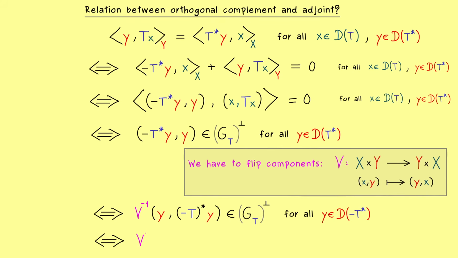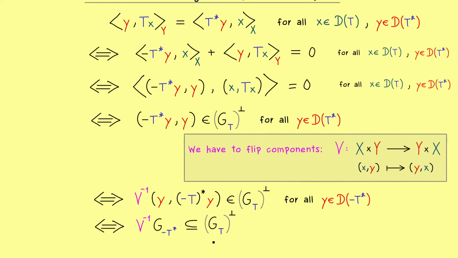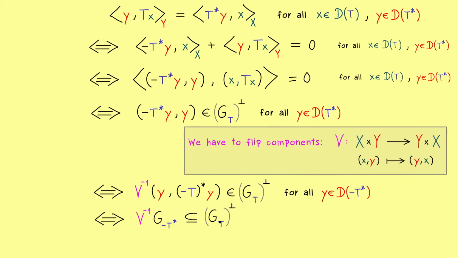So actually what we get here is a relation between 2 graphs. On the left hand side we have the graph of minus T star, and then we have a set inclusion where on the right hand side we have the orthogonal complement of the graph of T. And the equivalences tell us that this set inclusion is always correct because the formula from above is always correct.